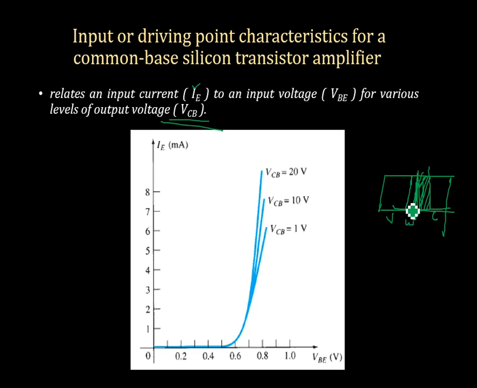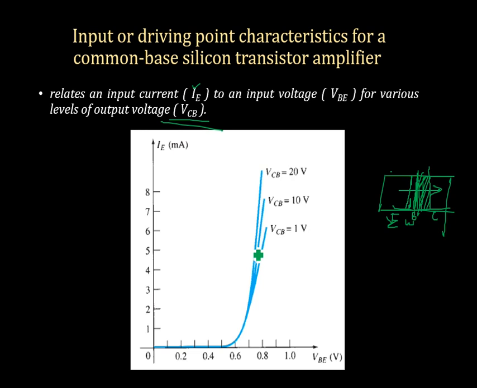The base becomes more and more narrow. So the majority carriers which are diffusing from the emitter to the base and moving to the collector will move to the collector without much hindrance from the base. Or you can say the emitter current will increase because it won't have much recombination in the base region, or more majority carriers will be moving from the emitter to the collector.